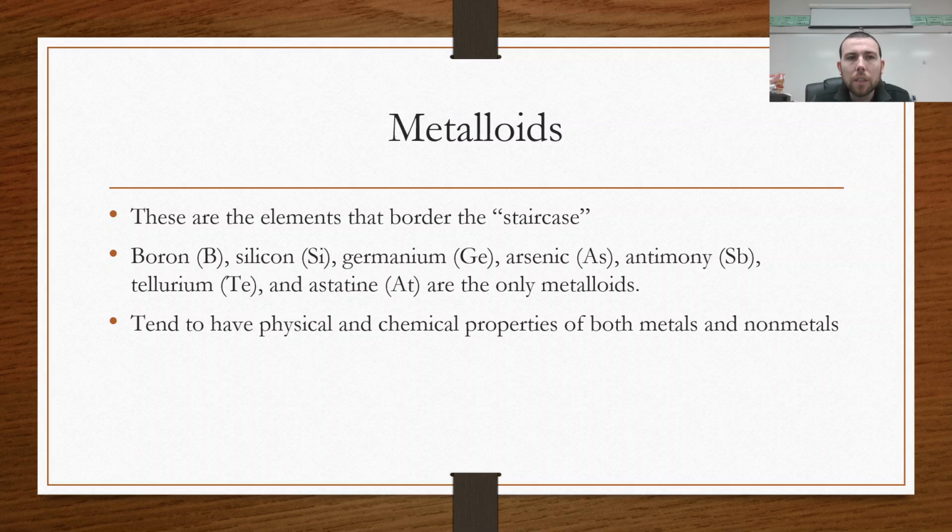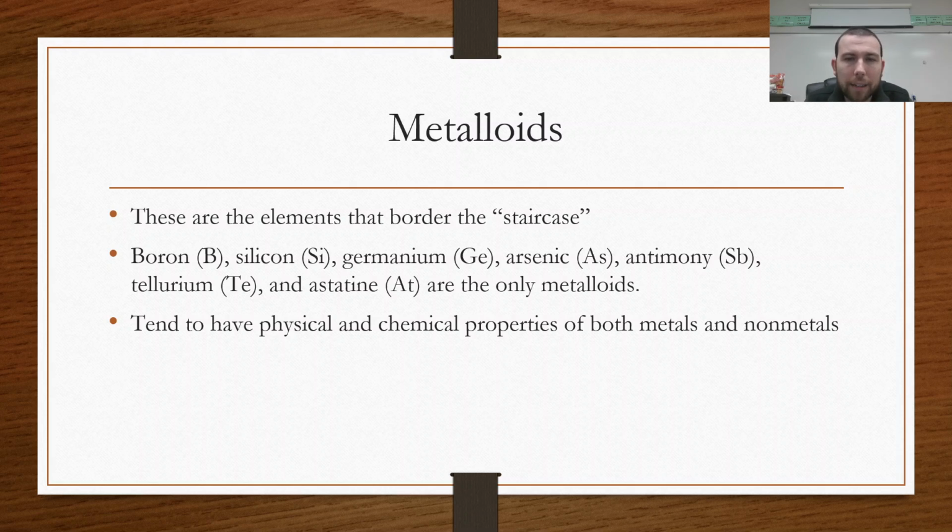Now, the elements that are metalloids, and I'm pulling this directly from the textbook reading that you guys had to do, should be boron, silicon, germanium, arsenic, antimony, tellurium, and actually that should be it. This should not be astatine.